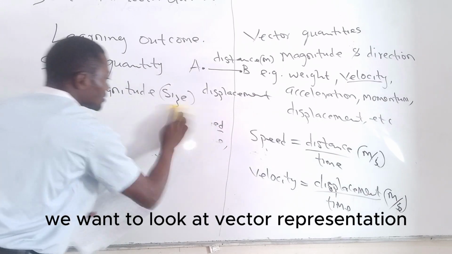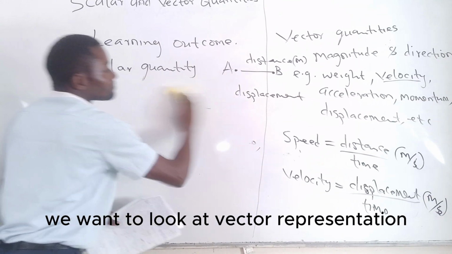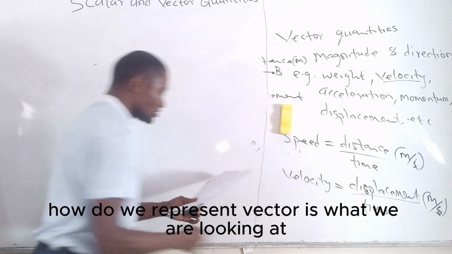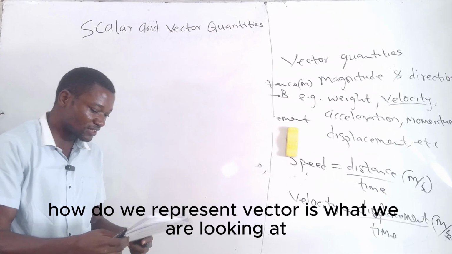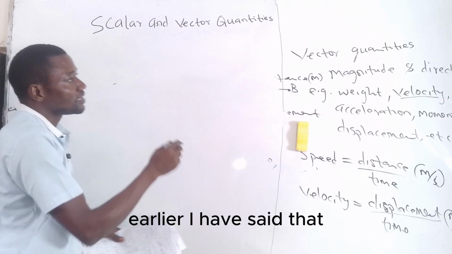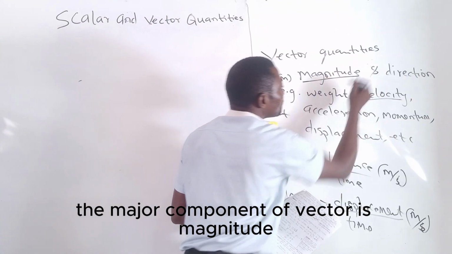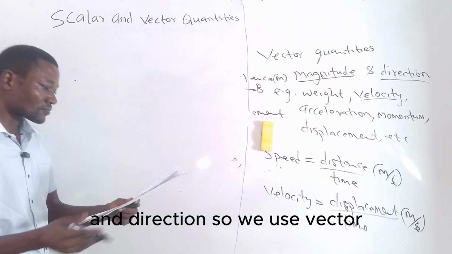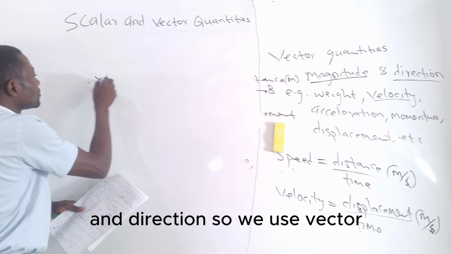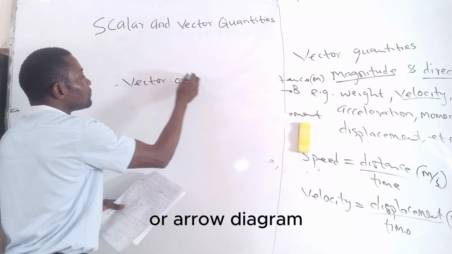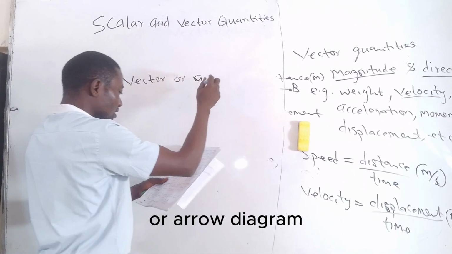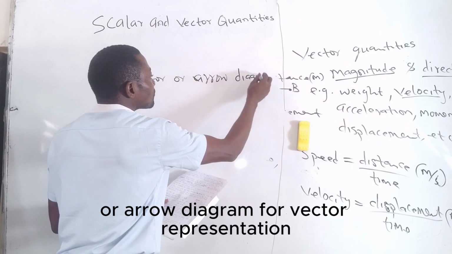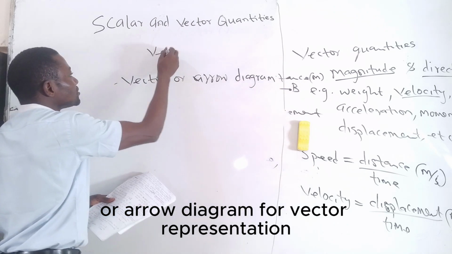We want to look at vector representation. Having known what a vector is, how do we represent a vector is what we are looking at. Earlier, I said that the major components of a vector are magnitude and direction. So we use a vector or arrow diagram for vector representation.